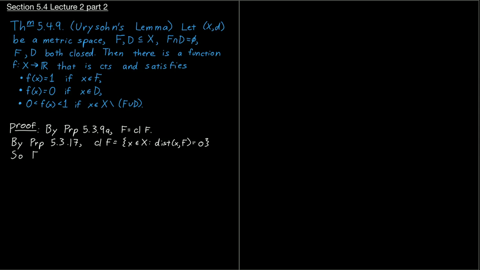So F is the set of all points whose distance from F is 0, and the same thing is true for D. This is where we are using that the two sets are closed.